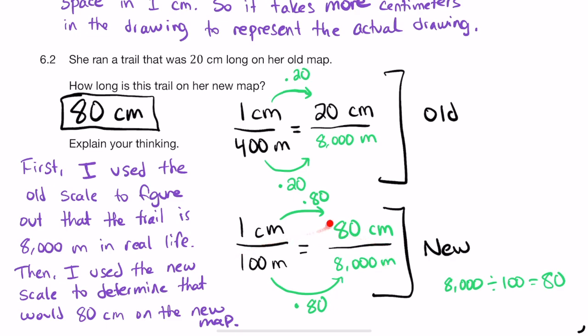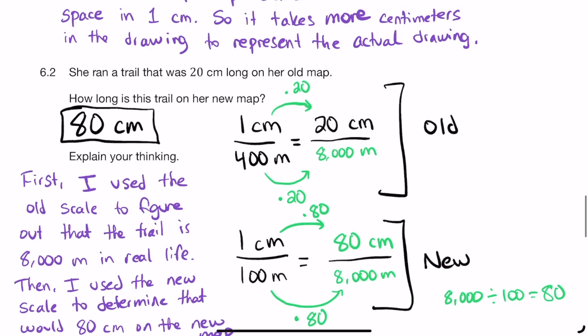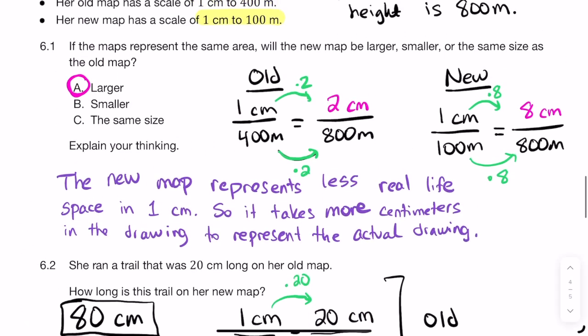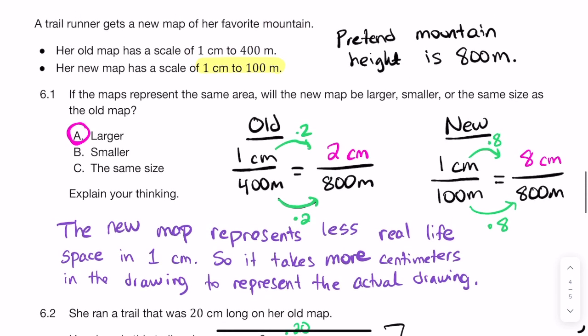And then I, again, used my scale factor equivalent ratios to figure out that it would be 80 centimeters on the new map. Okay, as before, like with the one above, we should see that this is going to be bigger. 80 centimeters is a very big map. It was just 20 centimeters in the old one, so the new one is going to be larger, just like we said here. The new map should be larger.